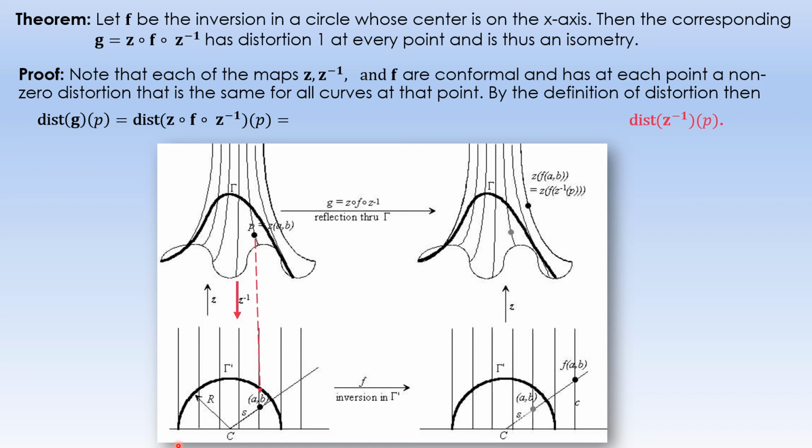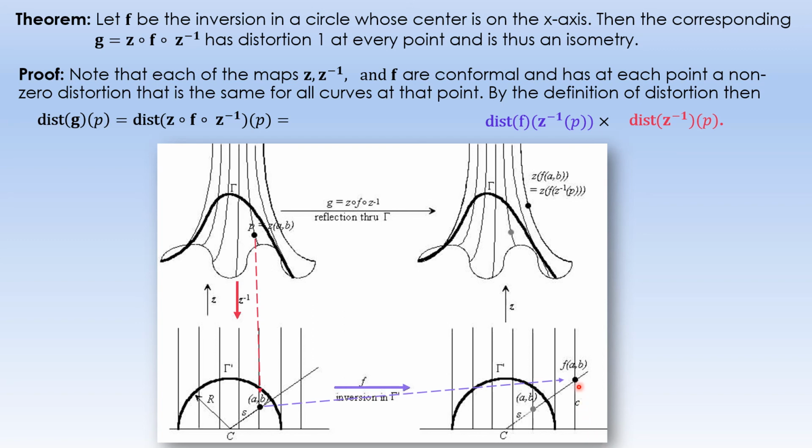So that's going to be the distortion of Z inverse at P. Now we want to map the point AB using our map F onto F of AB. When we do that, we are multiplying by the distortion factor of F at Z inverse of P.